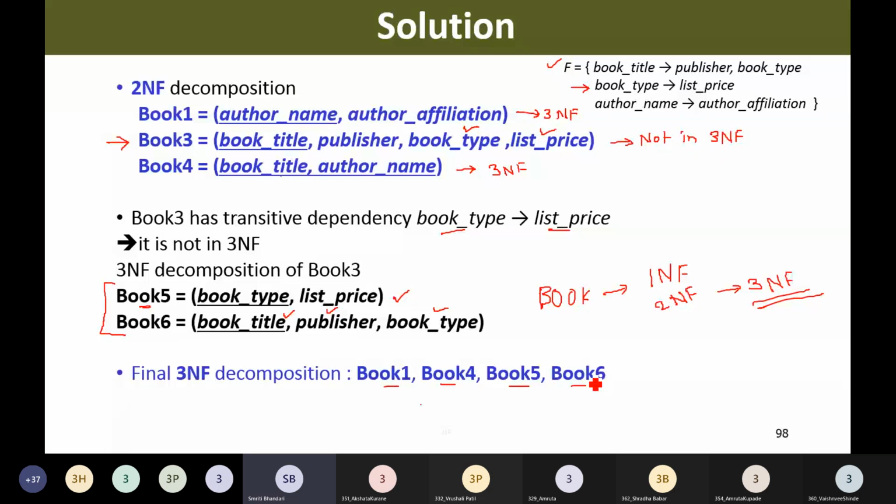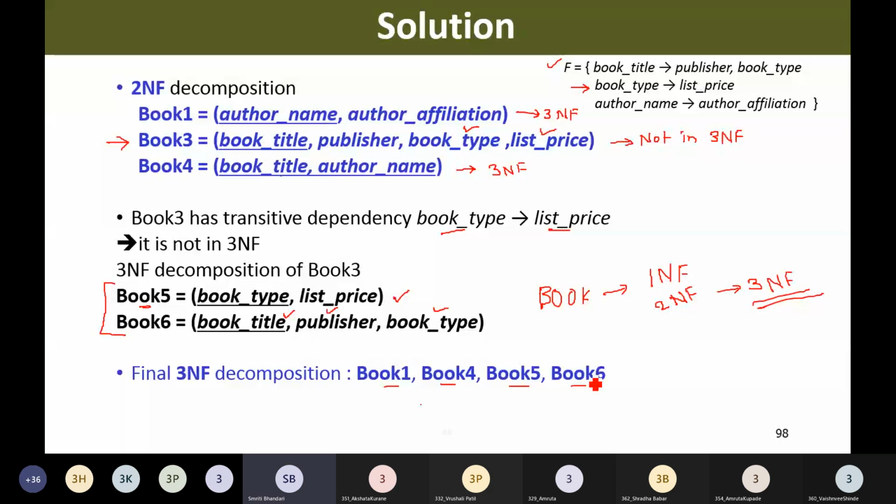Fine. If you have understood the concept, we are going to conclude the session. We have covered till 3NF. In the next class, we are going to look at the general definition for third normal form.